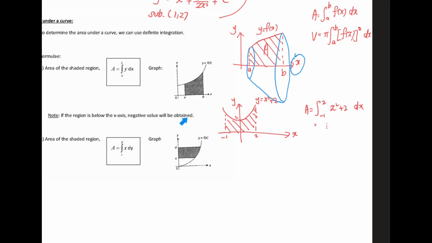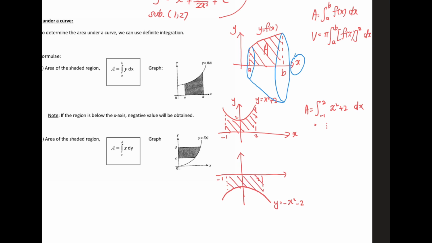Okay, so now let's see the note. If the region is below the x-axis, a negative value will be obtained. Let's say one example. Okay, I give another example here. Now let's say you have a graph that looks like this, y equal to minus x squared minus 2, and you want to find the area from -1 to 2.